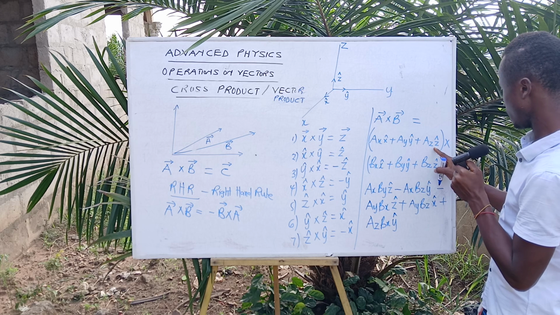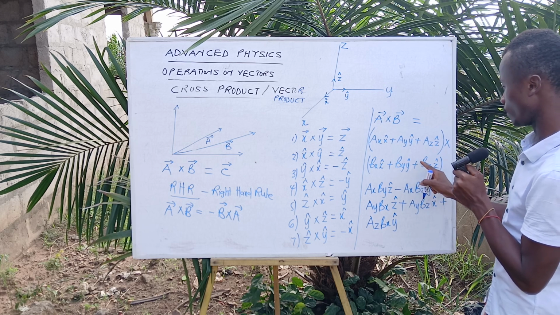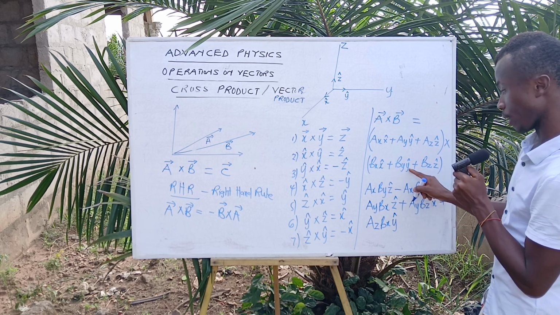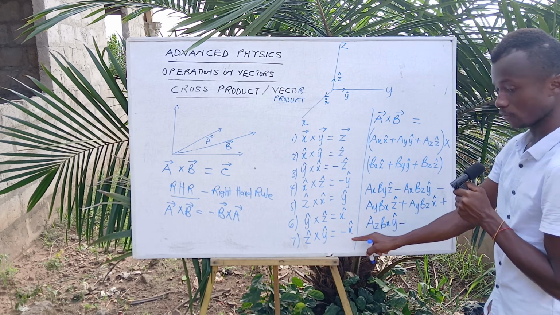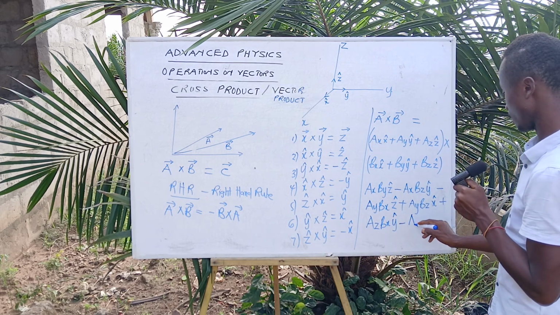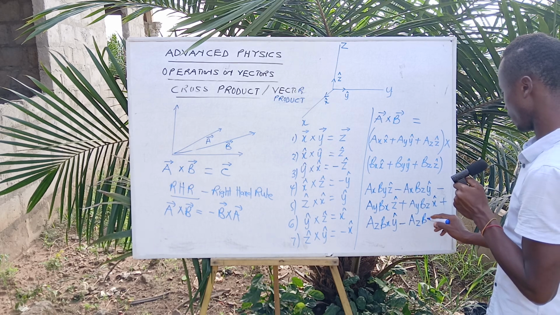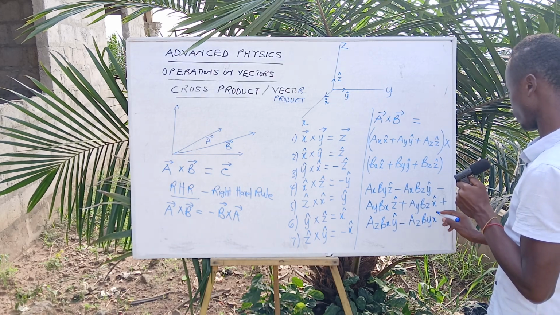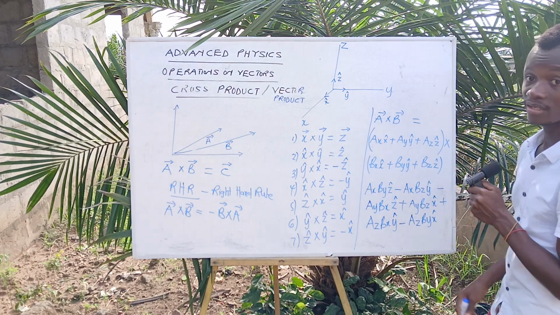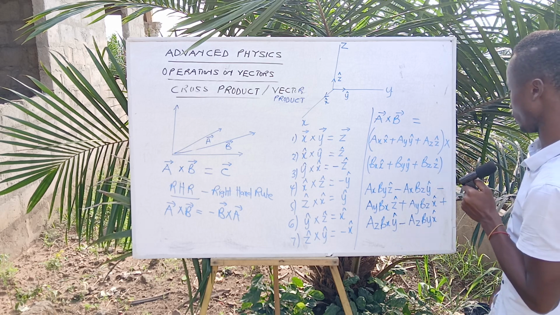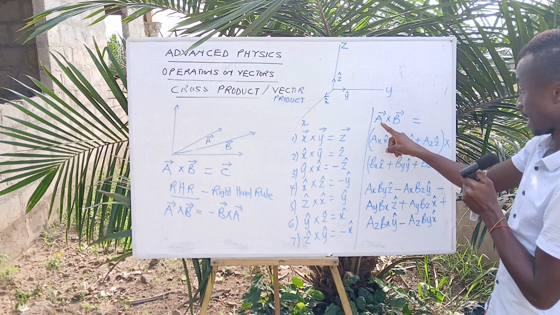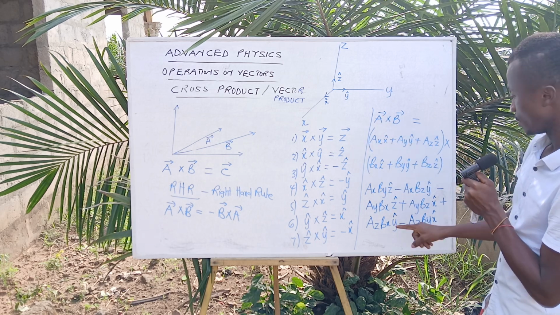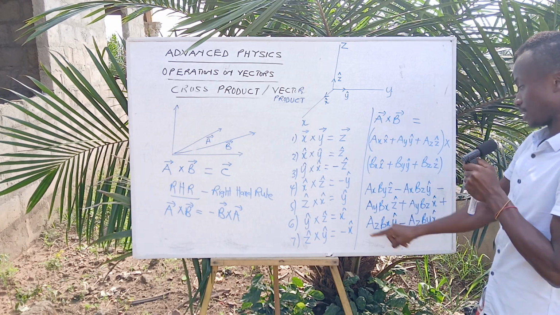Then AZ z-hat BY y-hat will give us z-hat cross y-hat, negative x-hat. So we have minus AZ BY x-hat. And finally, this and that will give us 0 because z-hat cross z-hat will be 0. So then it turns out that vector A cross B will give us these quantities.